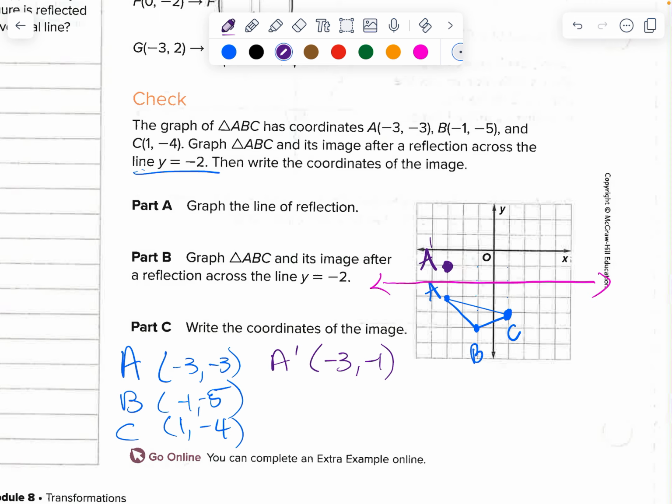And then we're going to do B. So that's the point -1, 1. And then C prime is 2 away, so 2 away is right here for C prime. So that's the point 1, 0. And there you have it. And again, on this one, the X values stayed the same.